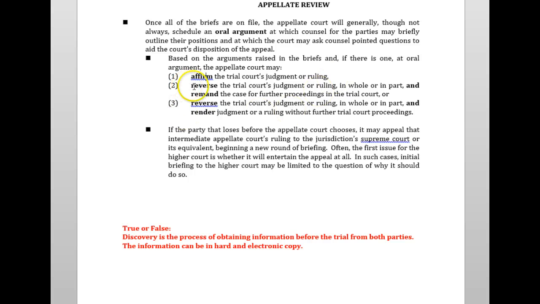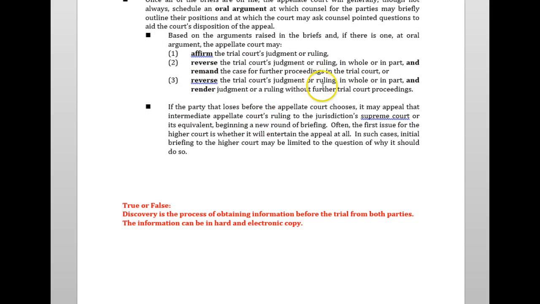They can reverse it in whole or in part, and then remand the case for further proceedings in trial court. Or they can reverse the trial court's decision and render a judgment at that point. So in one case they reverse the decision but say there has to be more trial or more discussion. In the other one they reverse it and give a judgment right there without further court proceedings.